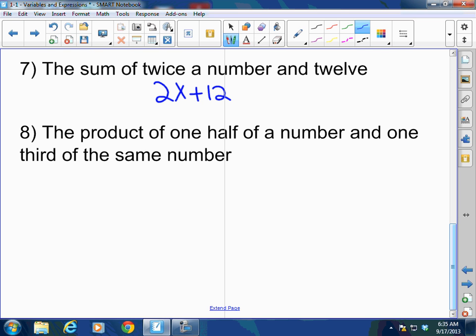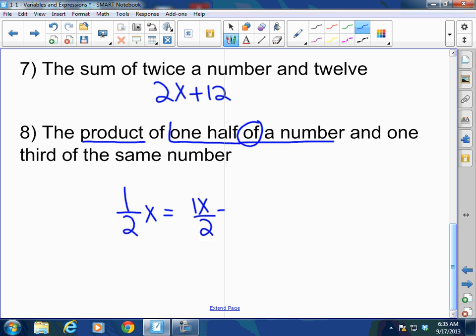The product of 1/2 of a number and 1/3 of the same number. So the product of 1/2 of a number. So 1/2 x, actually, let's write this the right way. When you have 1/2 x like this, please note that the x is in the numerator.